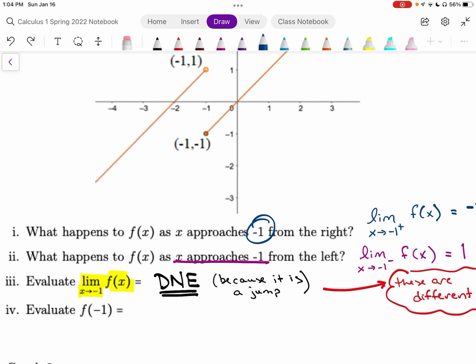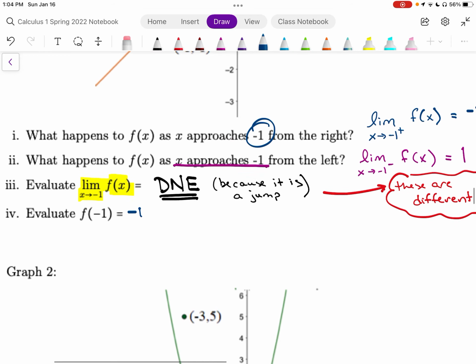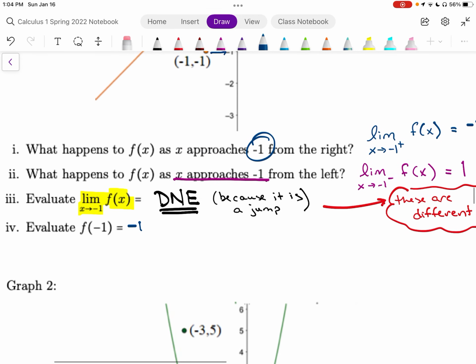So the value of f of -1 is -1. Okay, it's that right there, -1. It's the y value. All right, so that's a closed circle. I'll make sure that's really clear. There's a closed circle at -1, -1.